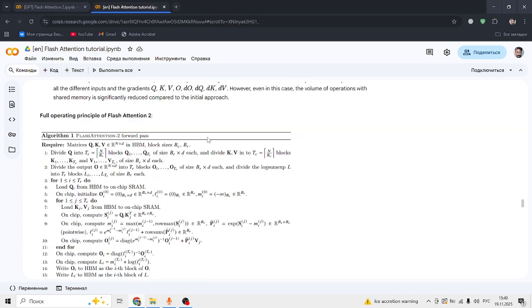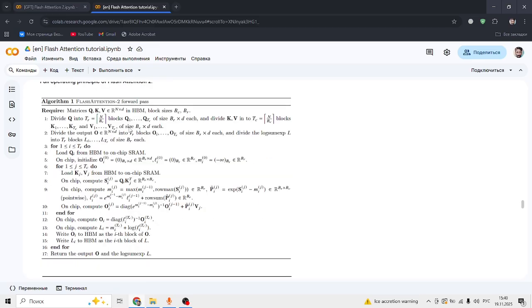The whole algorithm looks like this for forward pass. So the main idea is that we divide Q, K, V into blocks, and we load these blocks sequentially or using parallelization in SRAM.